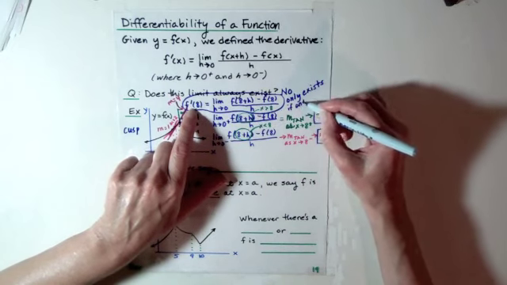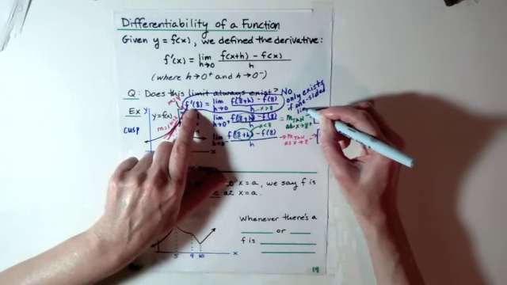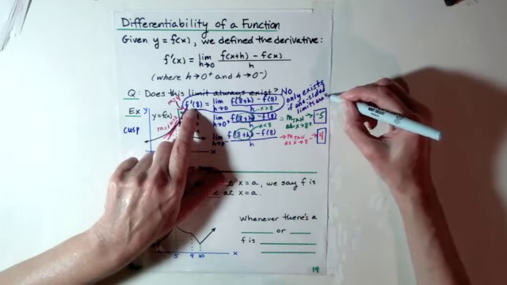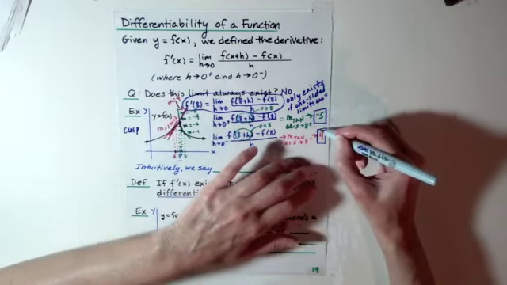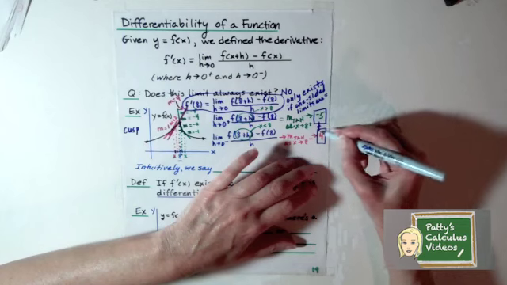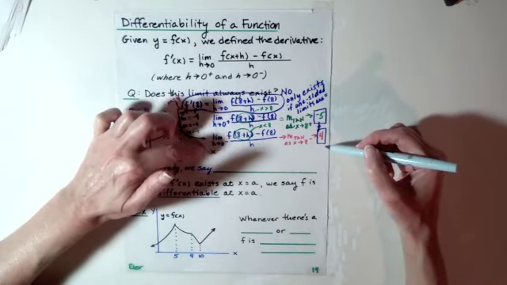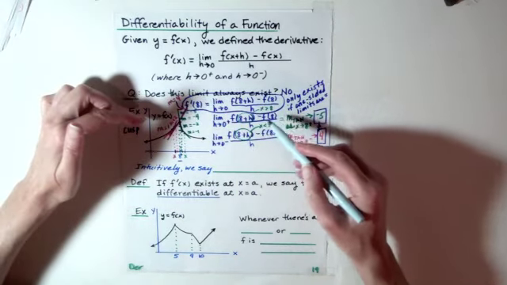In other words, if the one-sided limits exist and agree, so I'll say are equal. Well, are these one-sided limits equal? No. These one-sided limits are not equal to each other. The limit from the right is -5, the limit from the left is 4, and therefore the overall limit does not exist.